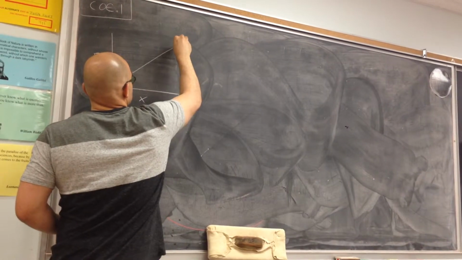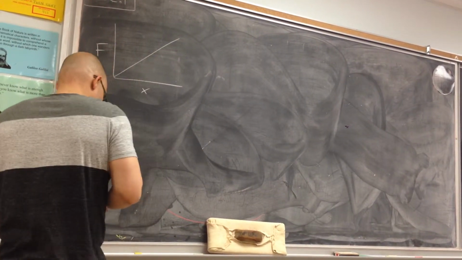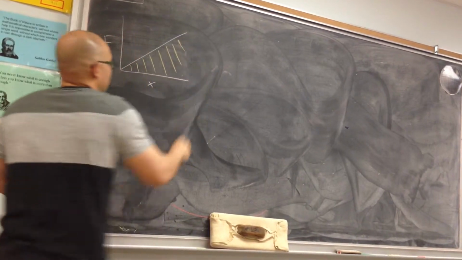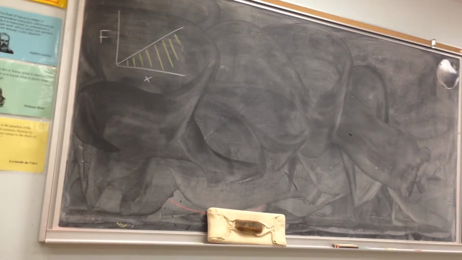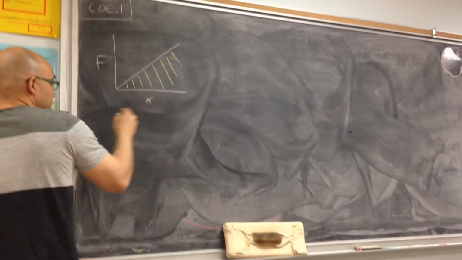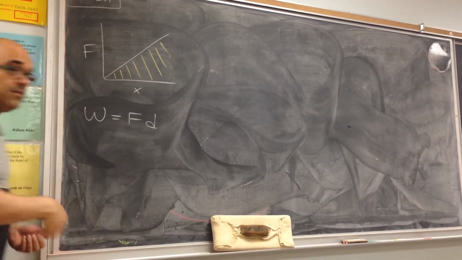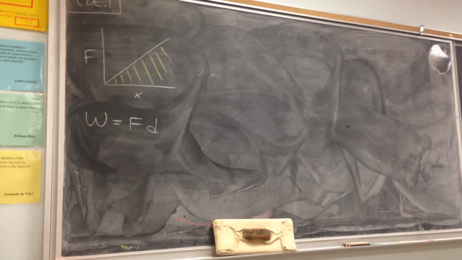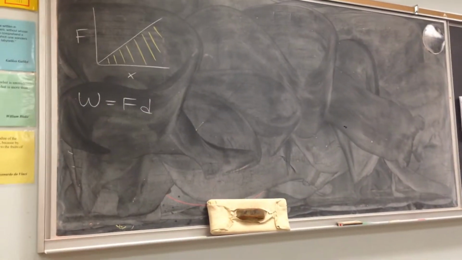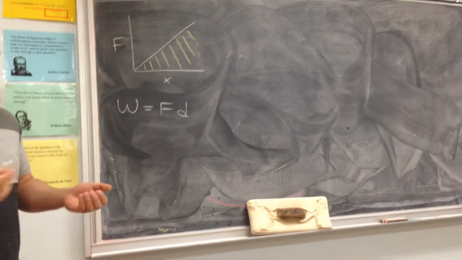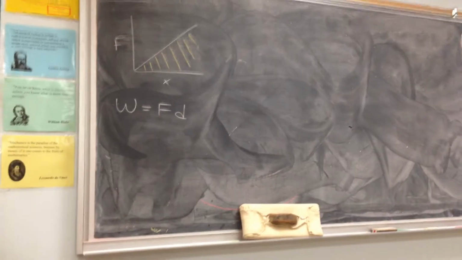So it's just finding the area of your graph. Because you remember from grade 11 that the area of a force displacement graph gives you the work, right? Which is the energy transferred into the spring and stored in the spring ultimately. So this area gives us that energy stored in the spring.